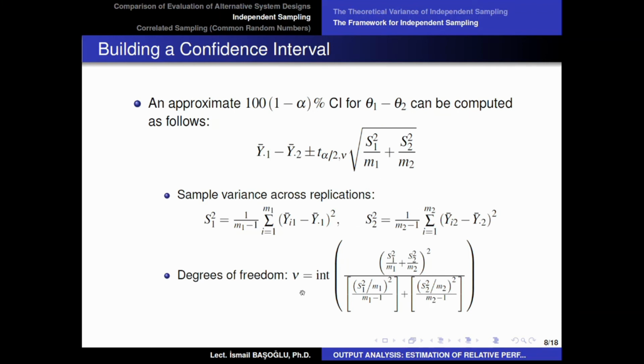But the theoretical true degrees of freedom parameter that you need to select is the closest integer to that value. So you identify that complicated value, and the closest integer to that value can be taken as the degrees of freedom parameter here. And the sample variances across replications can be calculated with these formulations once again.